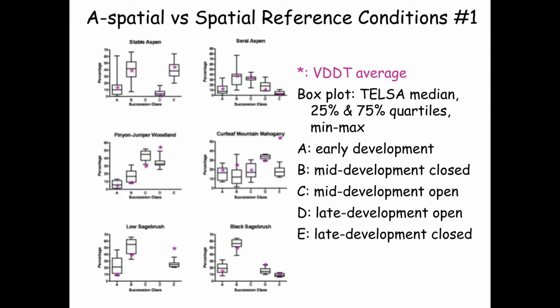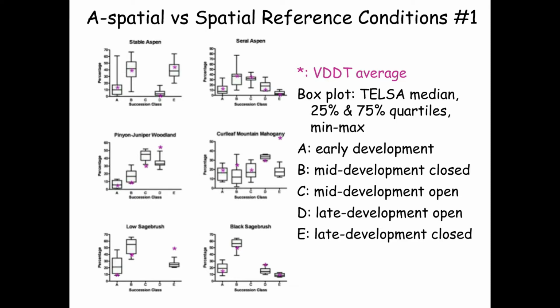The first box on stable aspen, 11% is more or less, we expected 11% of the landscape of aspen to be in early seral phase during pre-settlement. This is what it means. And it was 45% in mid-successional phase and so on. So the purple star is the average from the state and transition model that were non-spatial.